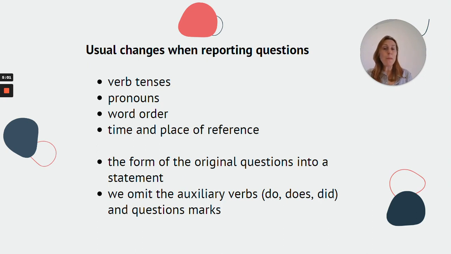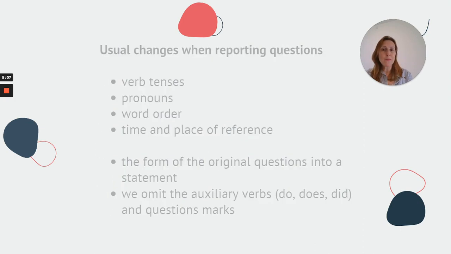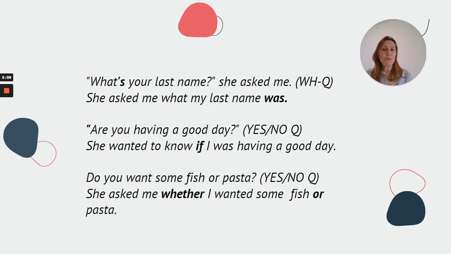And we omit the auxiliary verbs do, does, did, etc., and the question marks. For example, "What's your last name?" she asked me, and this is a WH question. We have the word what. She asked me what my last name was.